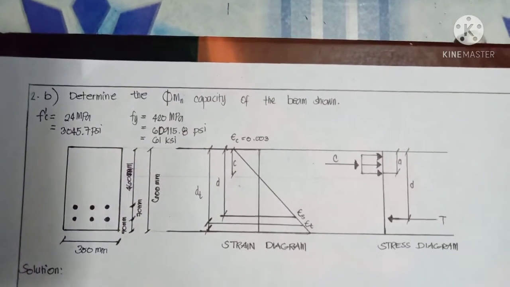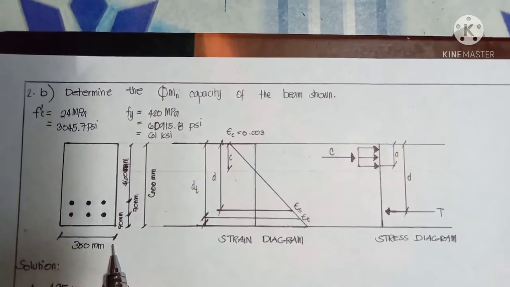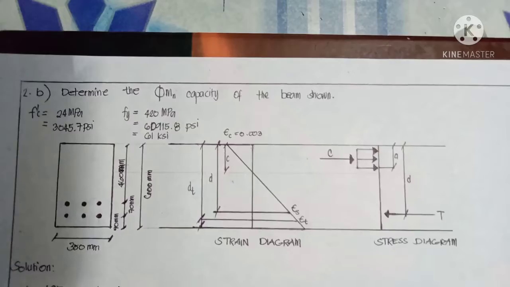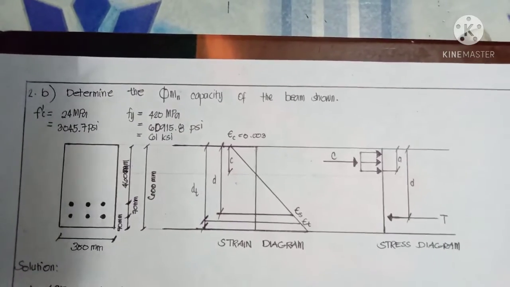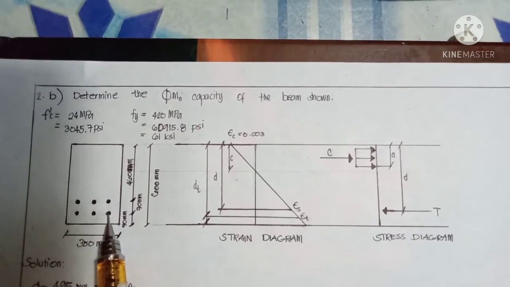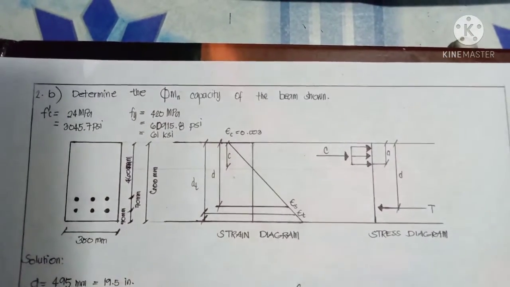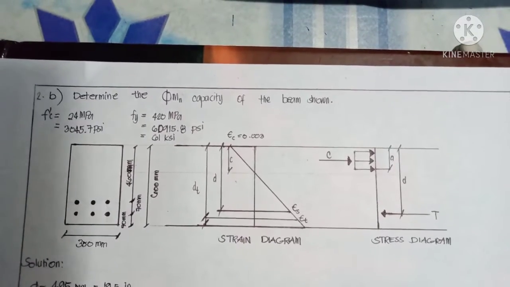So, we have here a 600 mm by 350 mm reinforced concrete beam with a double layer of steel bars. The clear spacing between the layers, as per ACI, has a standard distance of 1 inch.